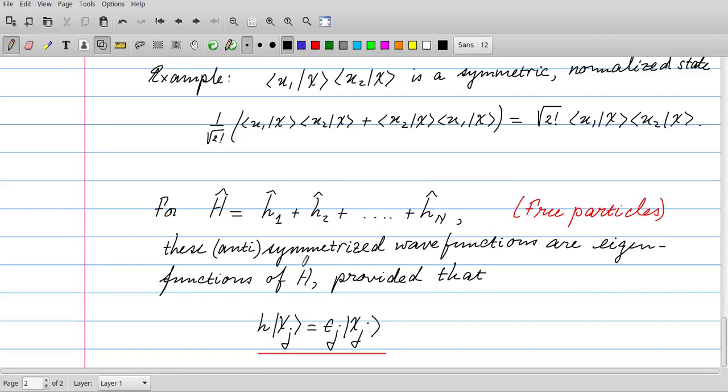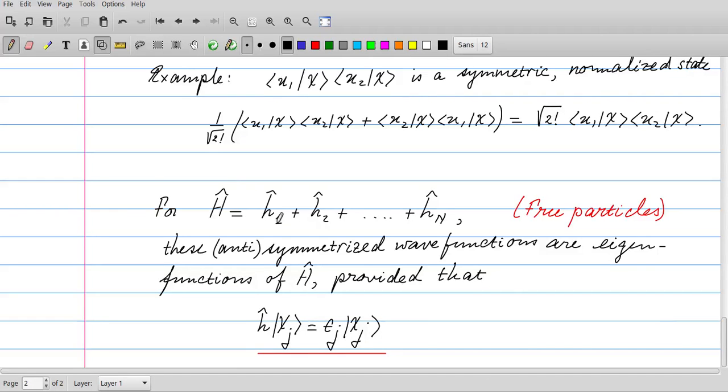And if we have such a case, then it turns out that the anti-symmetrized and symmetrized wave functions we have considered above are eigenfunctions of this Hamiltonian, provided that the chi-j's are eigenstates of the one particle Hamiltonian.